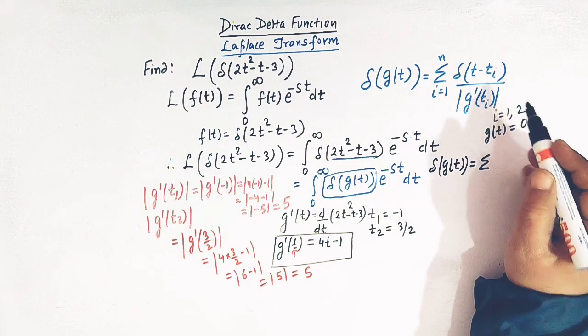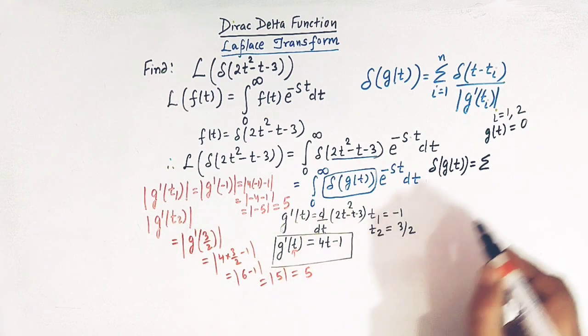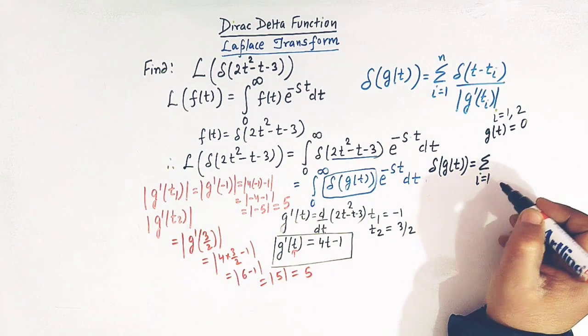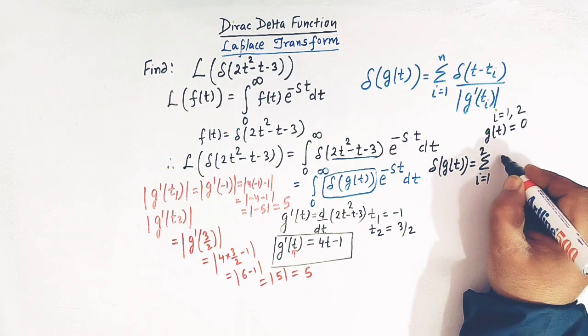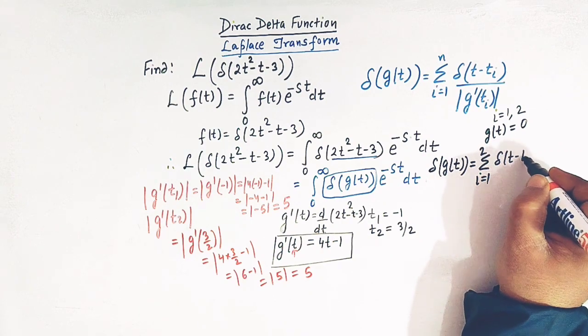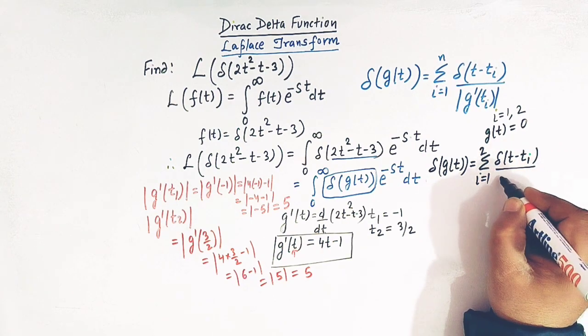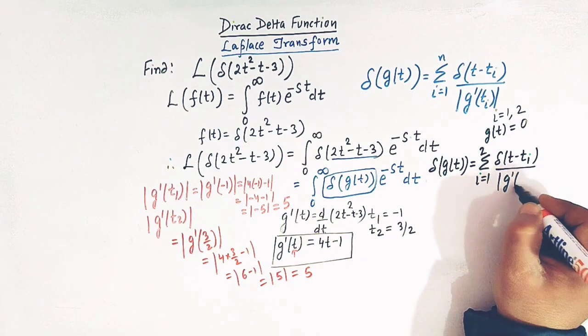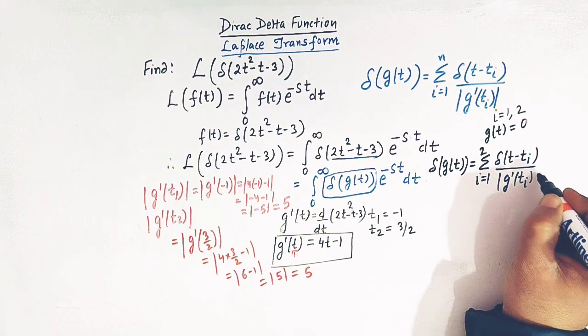So we can write i equal to 1 to 2, then we have delta of t minus ti over mod of g prime of ti, right?